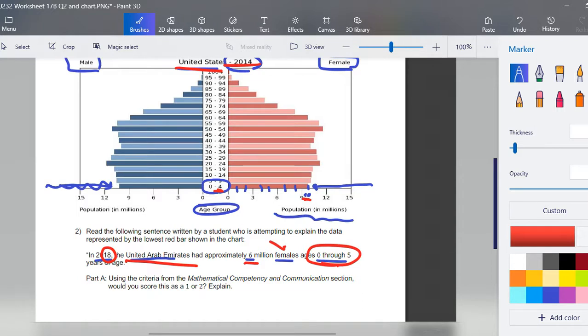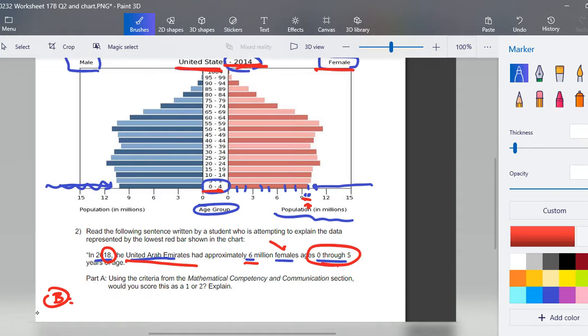So this is definitely where you need to hit pause. You definitely need to go on to part B, and you need to write down a great sentence that has 2014, United States, female, ages 0 to 4, around, above, below, or at 10 million in population. So pause, come back, and we'll talk through a possible example.